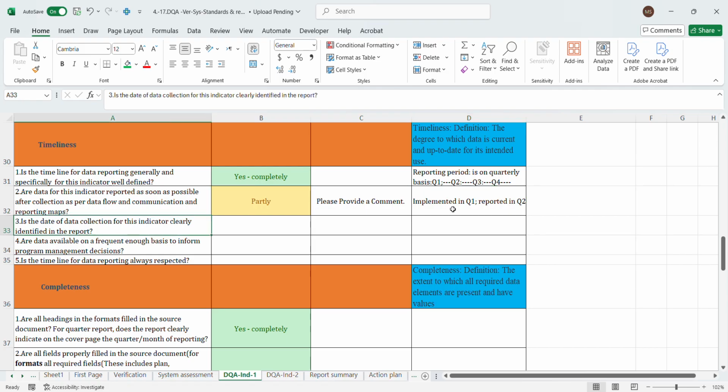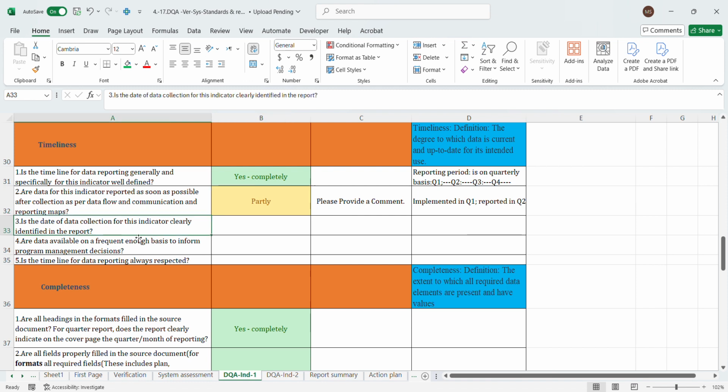So we have to look into the standard and the implementation, where the report was reported and where the activity was implemented. We have to compare both and decide based on evidence as usual.